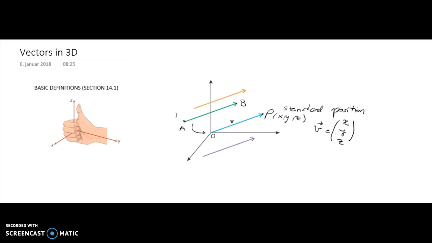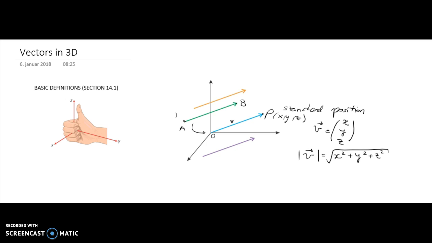We may want to find the magnitude of the vector v, the length of the arrow that represents the vector, and to do that, this is an extension of Pythagoras. We need to take the sum of the squares of the coordinates and then compute the square root of this.